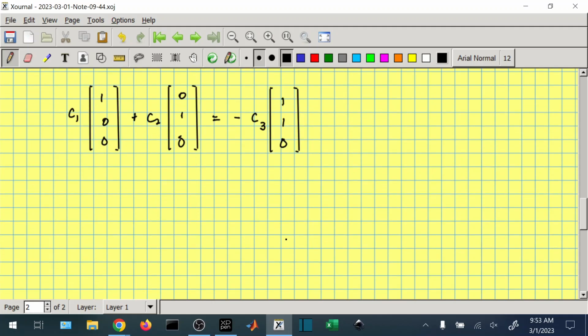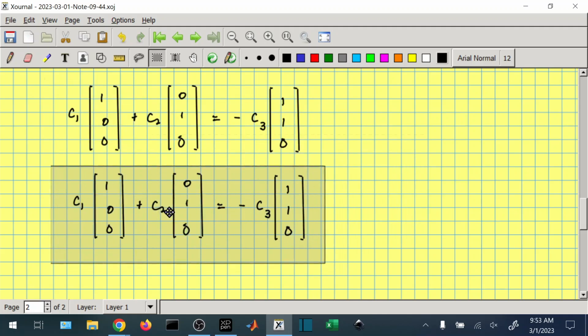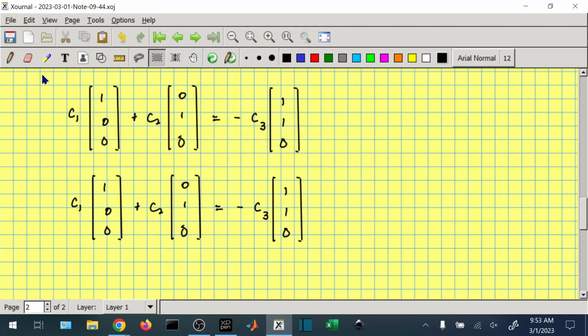And then we can divide both sides by C minus C3. And that makes the equation look like this.